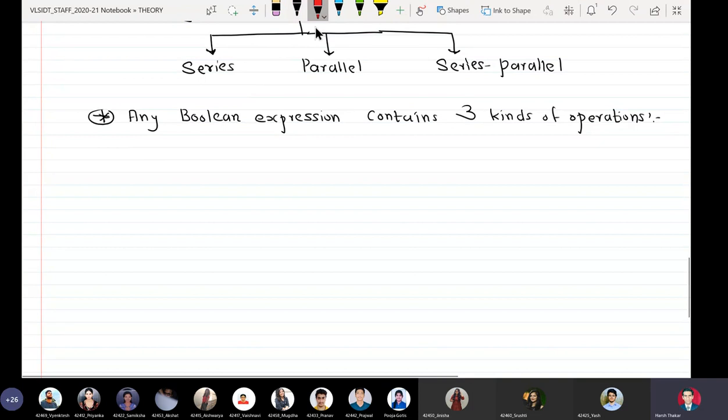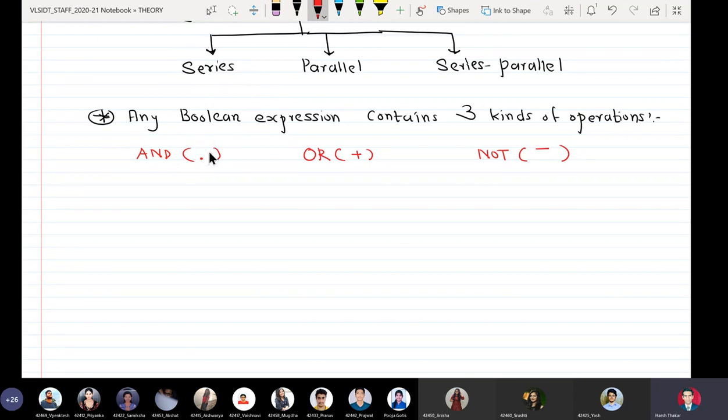It is AND, represented as dot, OR represented as plus, and NOT represented as bar.